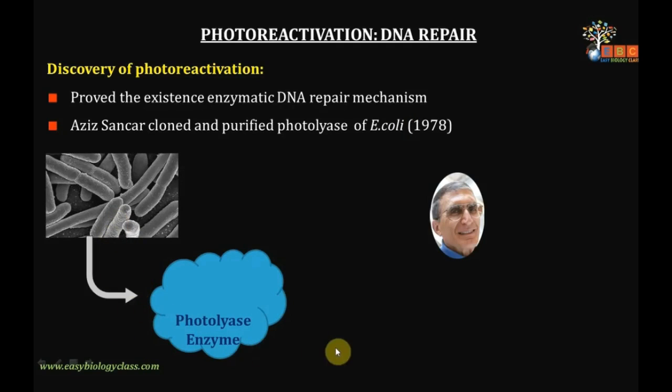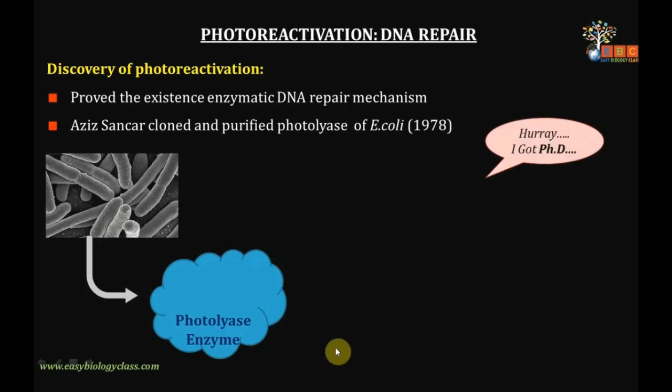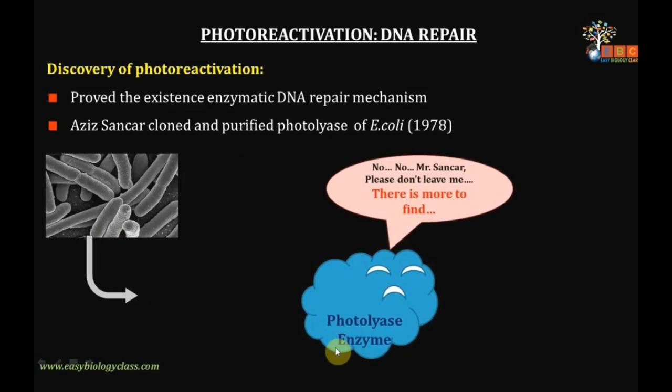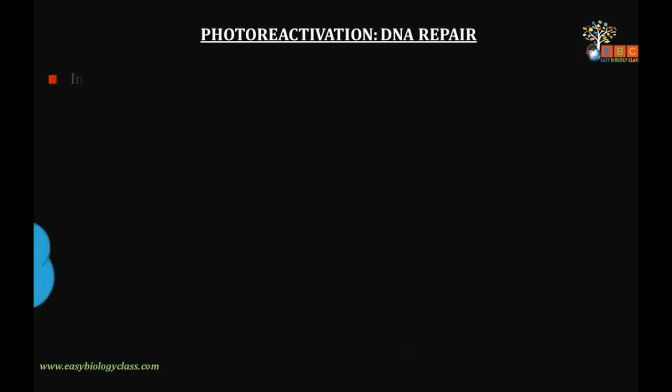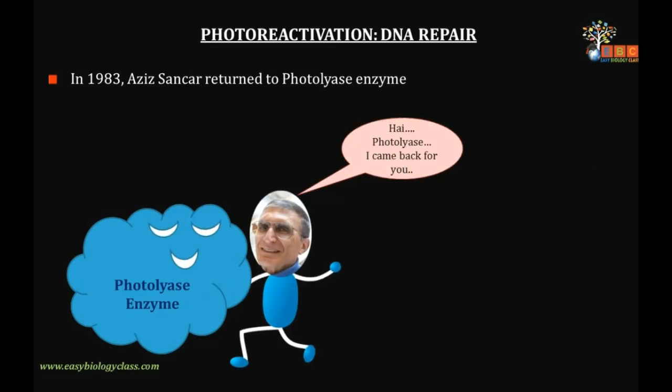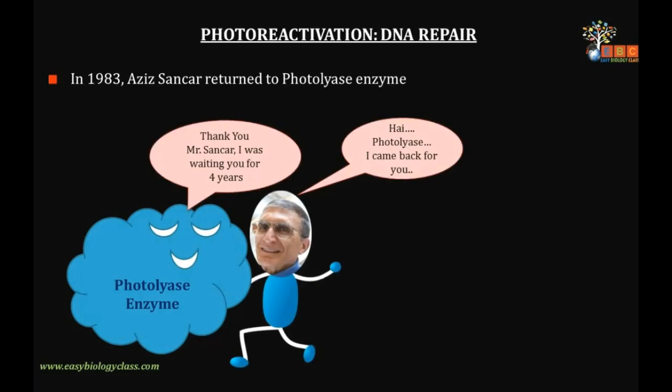Sancar was at the time a PhD student with Professor Stan Rupert, but instead of continuing to characterize the photolyase, Sancar wrote his PhD dissertation and graduated. After 4 years, in 1983, Sancar returned to his original work on the photolyase enzyme, and he characterized the enzyme and also explained the detailed molecular mechanism of the photoreactivation process by visible light.